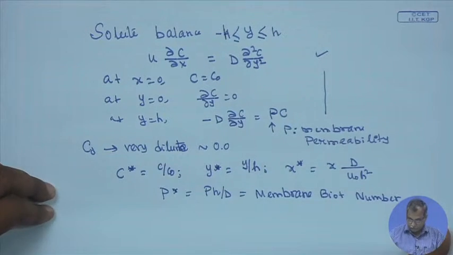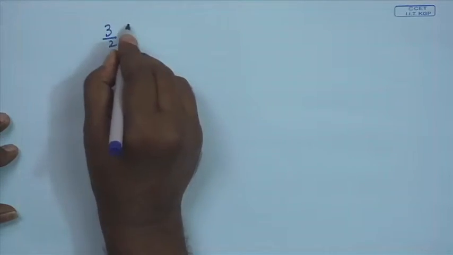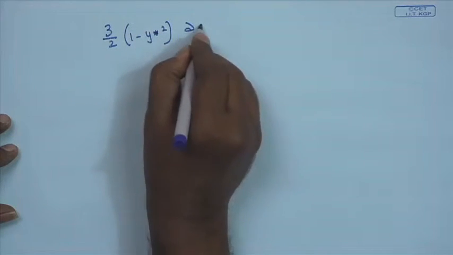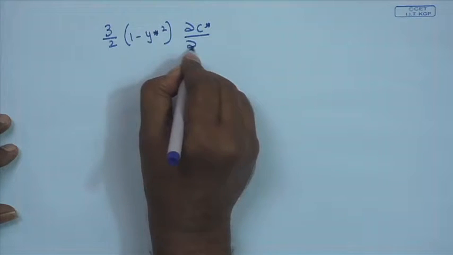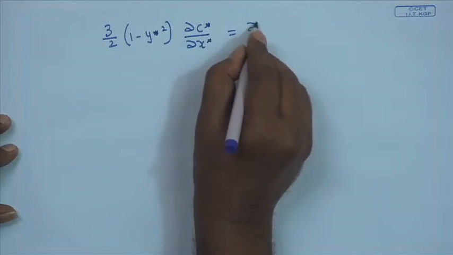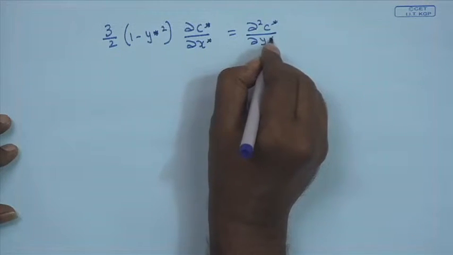Let us look into the governing equation and the boundary conditions in the non-dimensional version. The governing equation is 3/2 (1 minus y star square) ∂c star/∂x star equal to ∂²c star/∂y star square.